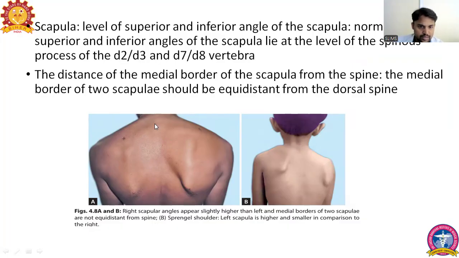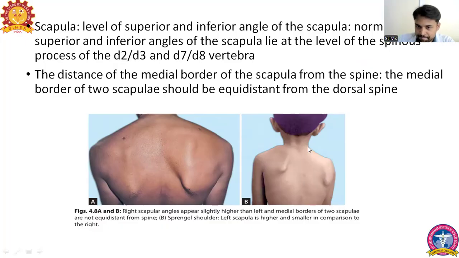This is the spinous process, and this is the medial border of the scapula. We should measure this distance on both sides, and it should be the same. If any disparity is there, it means there is a problem with the shoulder.